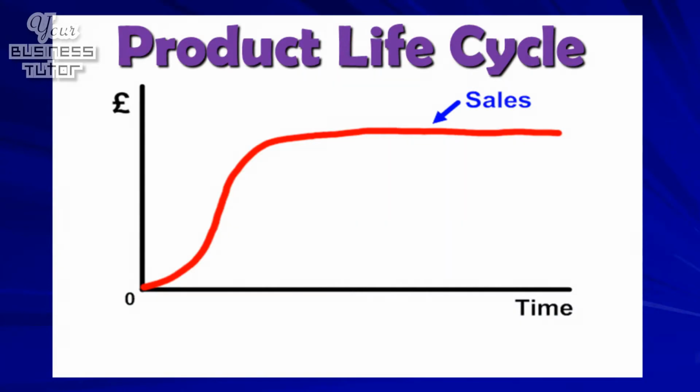Whereas other products, as the diagram shows, launch and then maintain their high sales for a prolonged period of time. However, although it is important to appreciate this, it is also vital to realise that to better understand the different stages of a product lifecycle, it is easier to focus on the classic shape.